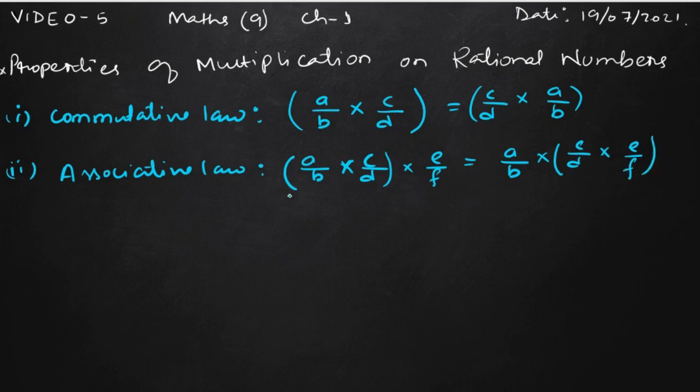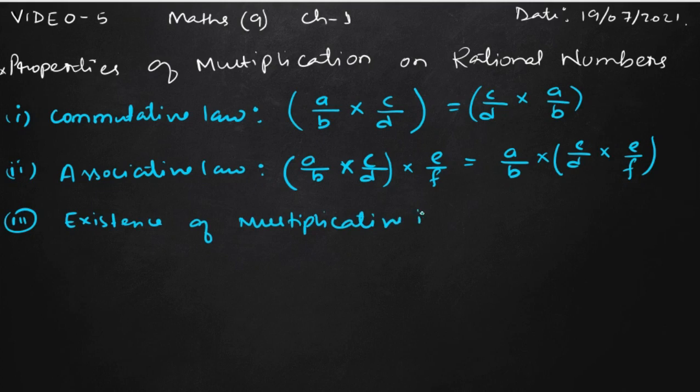So next is our existence of multiplicative identity. How we have to think is, suppose we take one rational number a by b, what number should we multiply to this rational number so that the result is the same?